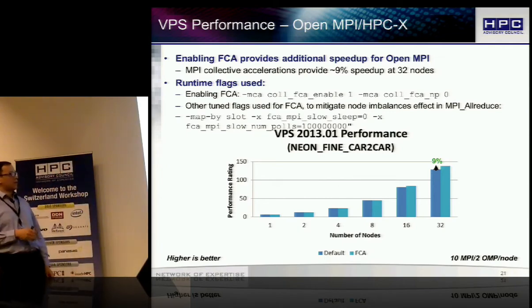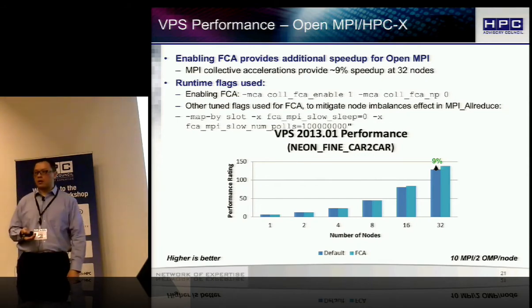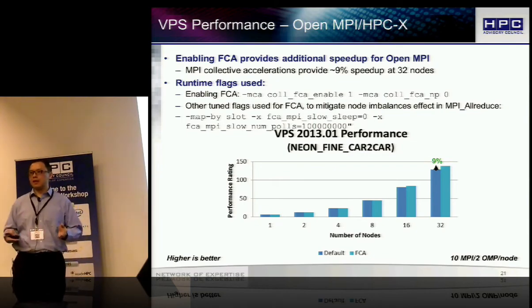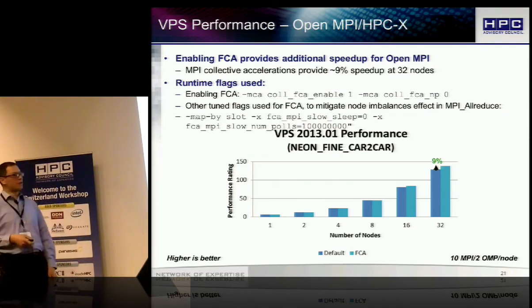By applying FCA in OpenMPI, we do see quite a lot of improvement at the larger scale. Well, 9% is pretty good, I think, because when you look at the previous slides where we were doing the profiling, the all-to-all spent, I think, 27% or 24% of the overall runtime. That means 24% of the overall runtime could be improved, and we see about 9% showing up as the time that's been saved.